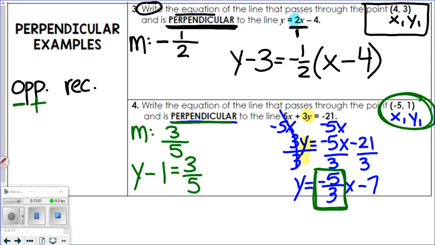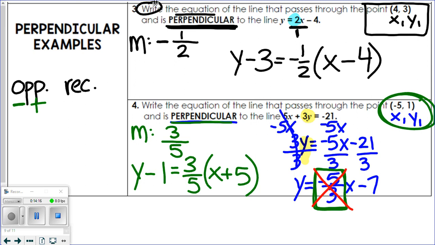We don't use this slope because that's the one that was given. We want our new slope perpendicular times x minus x1, which is a negative 5. Two negatives make a positive, so turn it to x plus 5. And we're done.